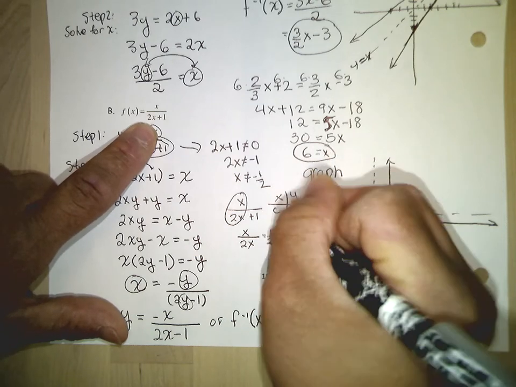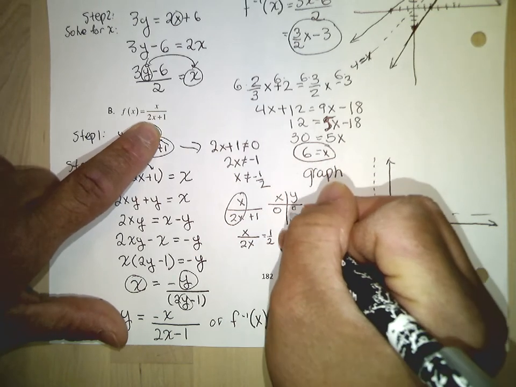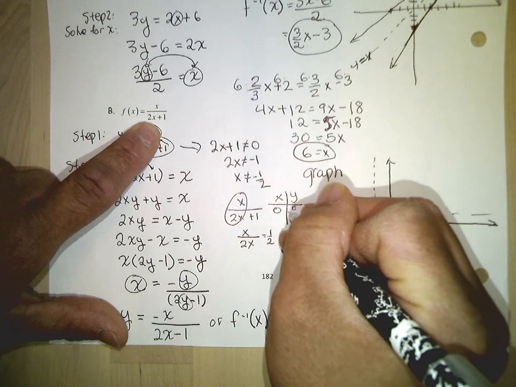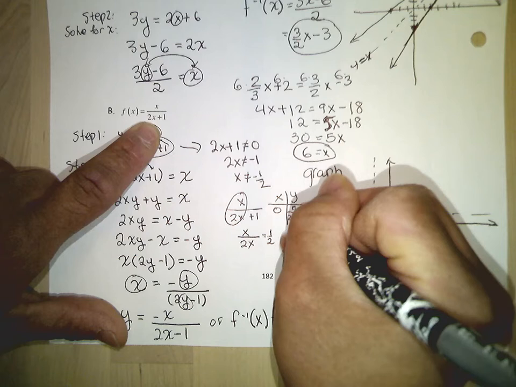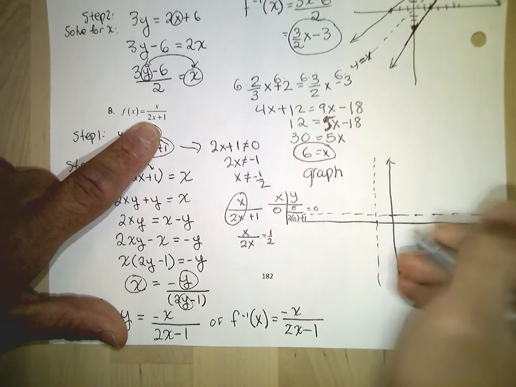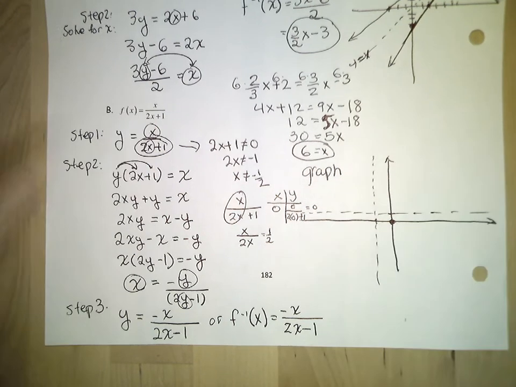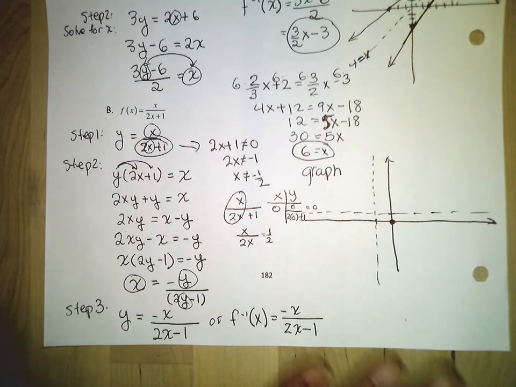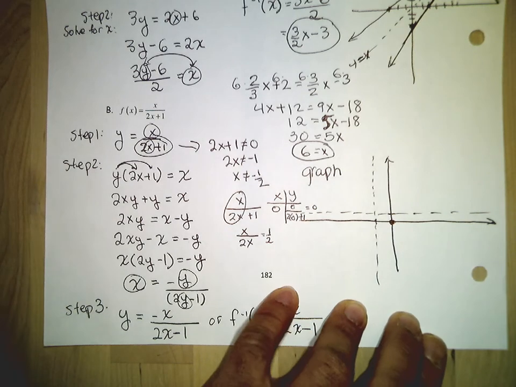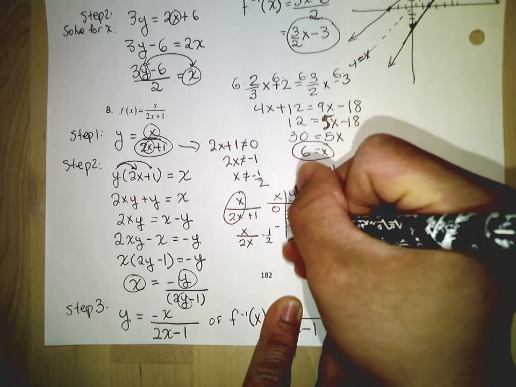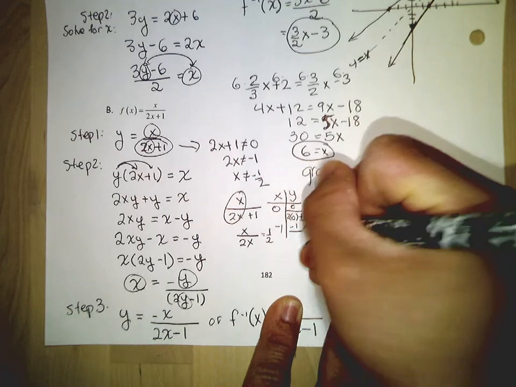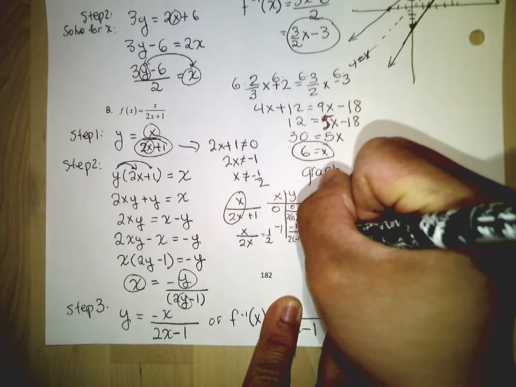Say if you have x is 0, you have 0 over 2 times 0 plus 1, which would give you 0. So 0, 0 is a point on the graph, and then you can pick a lot of other points, like negative 1 would give you negative 1 over 2 times negative 1 plus 1.